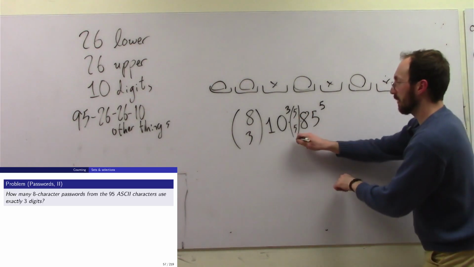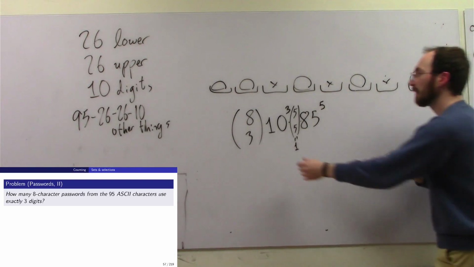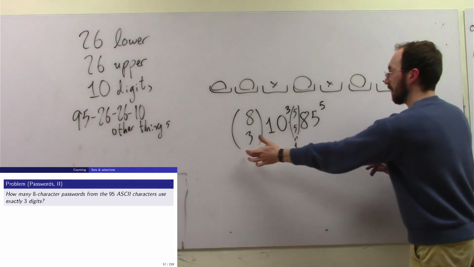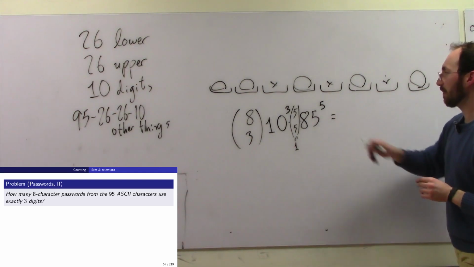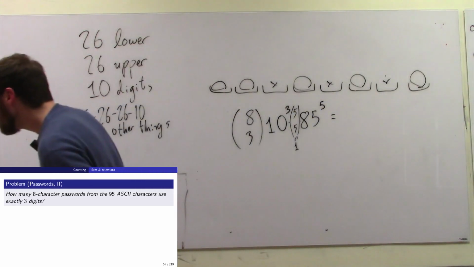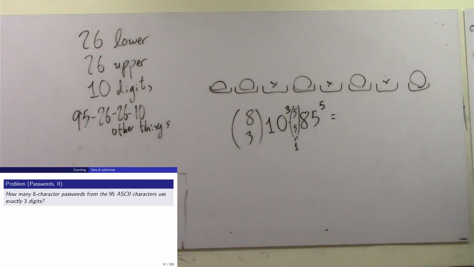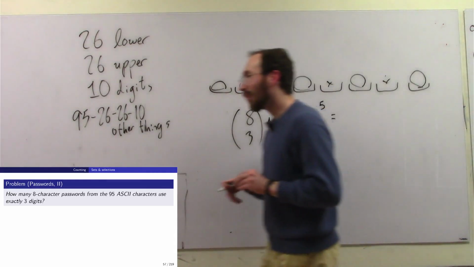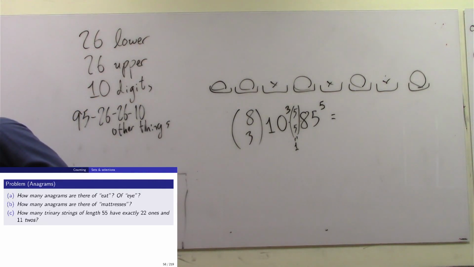And luckily this is just equal to 1, and everything works out. And so we end up with a lot of characters. I haven't calculated this one myself, but it is not as large as the number Corey found earlier, because we have a few restrictions. But let's see what else we can do.